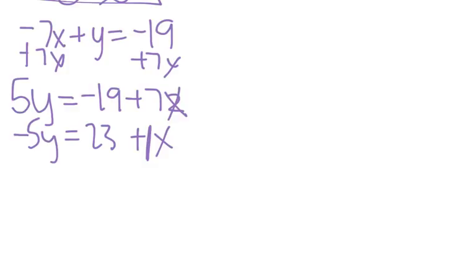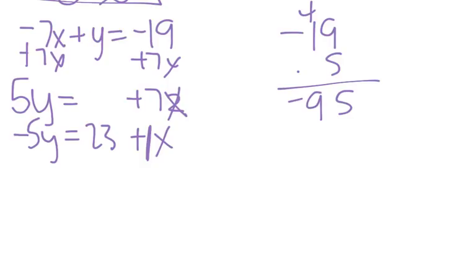So that would be 5y. Negative 19 times 5, 5 times 1 is 5, plus 9, 4 is 9, so negative 95. And then 7 times 5 would be 35x. Okay?